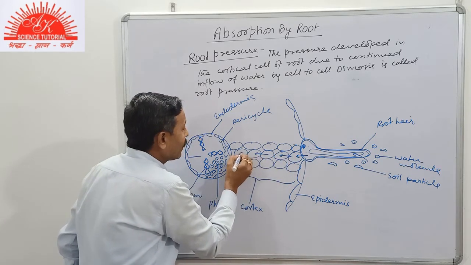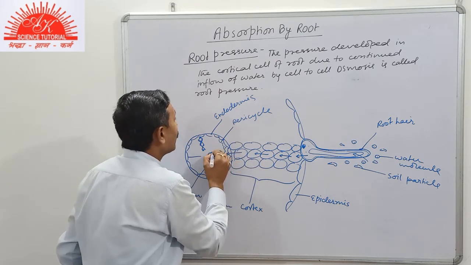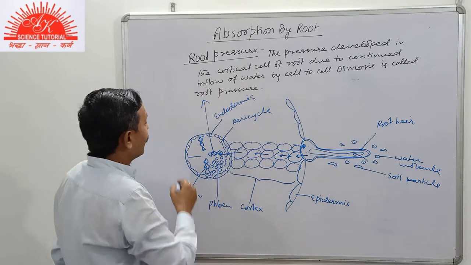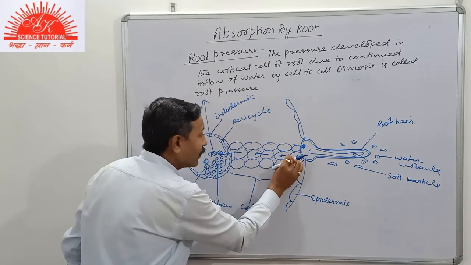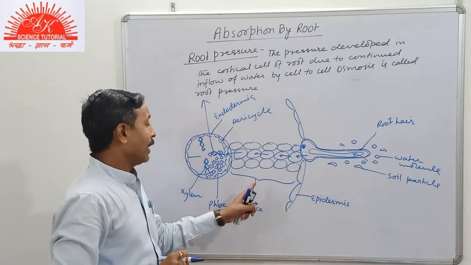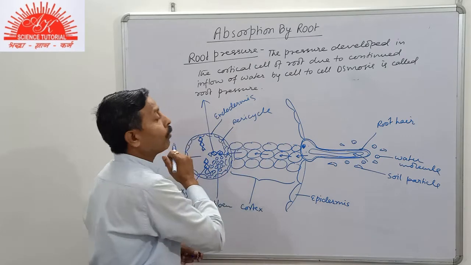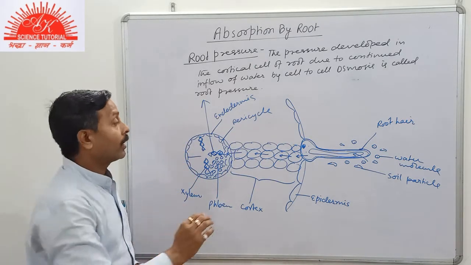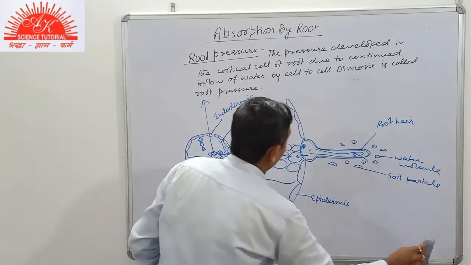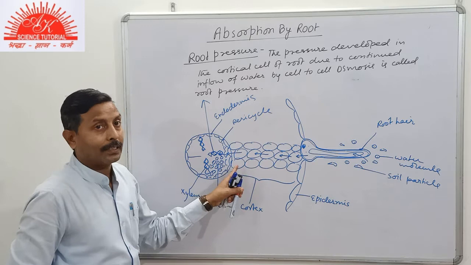In this way, the water moves up to the xylem vessel, from where it will move in the upward direction. So the pressure developed due to cell to cell osmosis in the cells of the cortex due to continuous inflow of water is known as root pressure. Student, this is a continuous process. This type of diagram based question was asked in the ICSE exam.